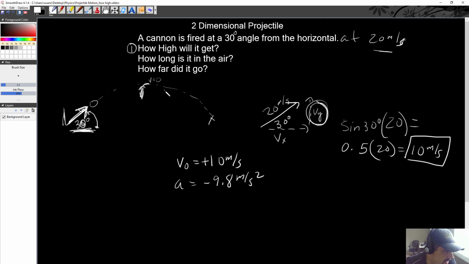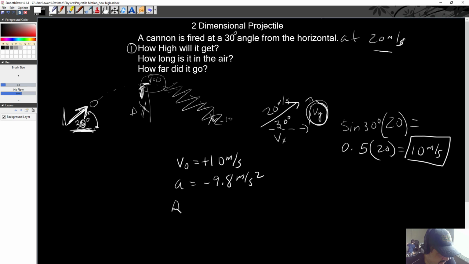It will then speed up, and by the time it hits the ground it will be going negative 10, but I don't care about that for this problem. It starts at 10, ends at 0, and I'm trying to find delta x right here. How high will it get?